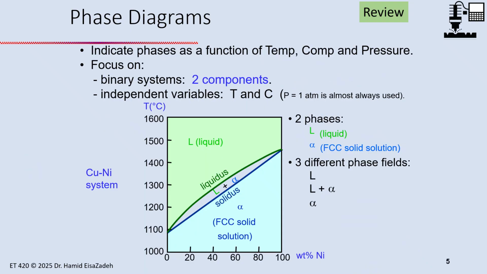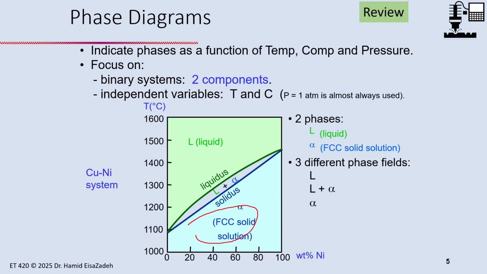Also, we discussed the phase diagram of two components, for example, copper and nickel. We mentioned that copper and nickel has three areas. One area which is solid.